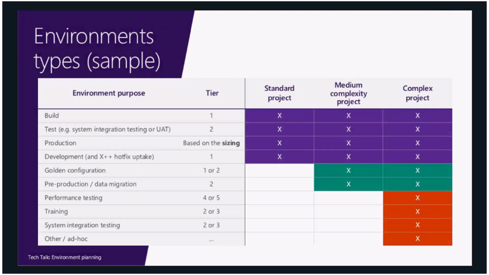When it becomes slightly more complex, usually the customer and the partner want to track configuration in one specific environment to quickly initialize other environments. So this is where we see golden configuration appearing. Same thing as a matter of efficiency.